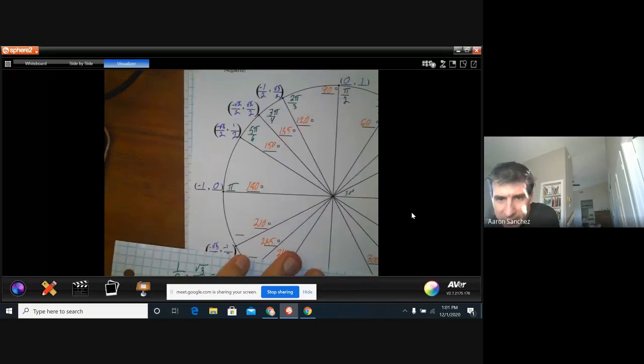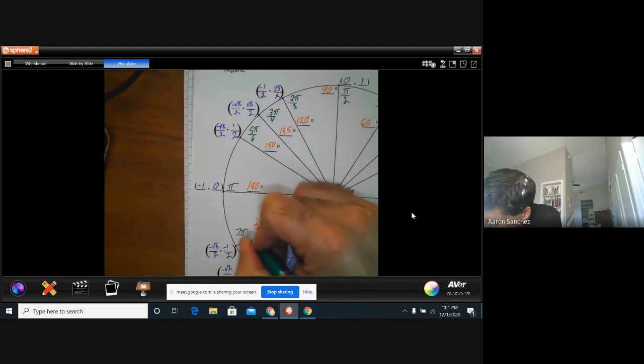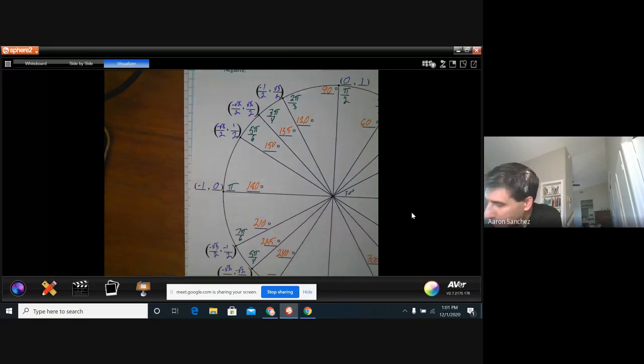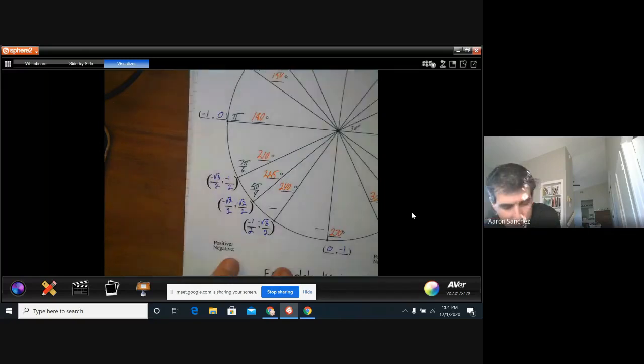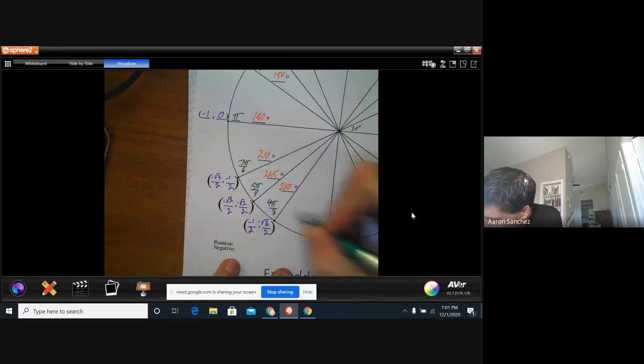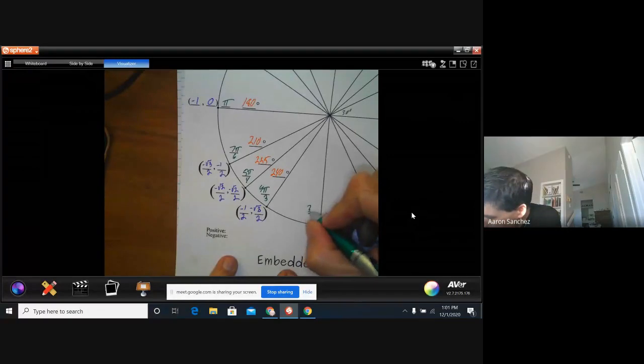I'm going too fast. 210 degrees is 7 pi over 6. 225 is 5 pi over 4. 240 is 4 pi over 3. 270 is 3 pi over 2.